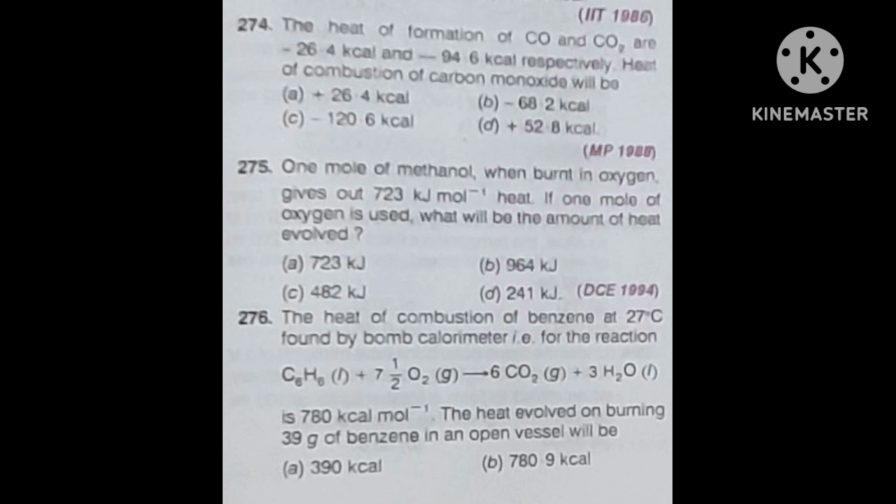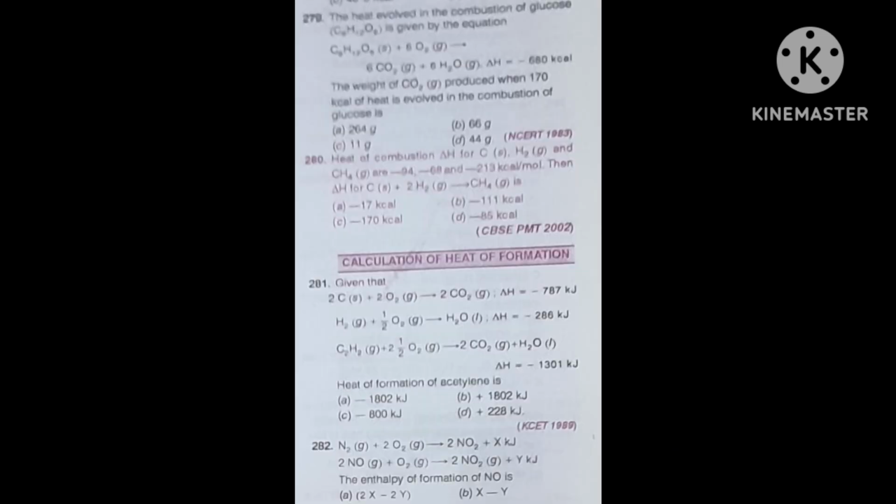Next question I am reading. The heat of combustion of benzene at 27 degrees centigrade found by bomb calorimeter is given for the reaction C6H6, benzene is liquid, you know, C6H6 liquid plus 7.5 O2 gas, giving 6 CO2 gas plus 3 H2O liquid.